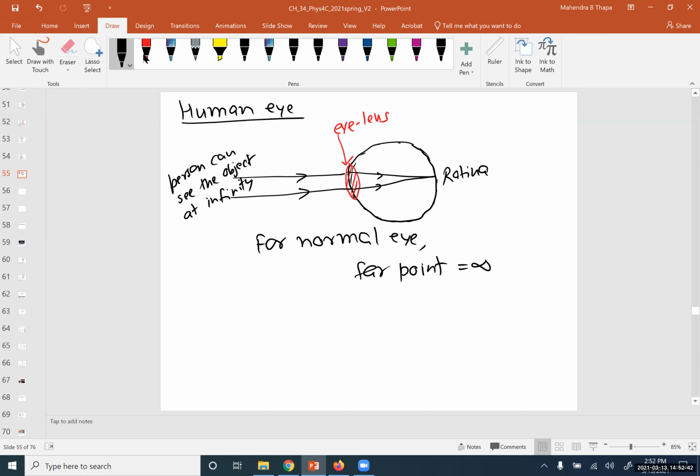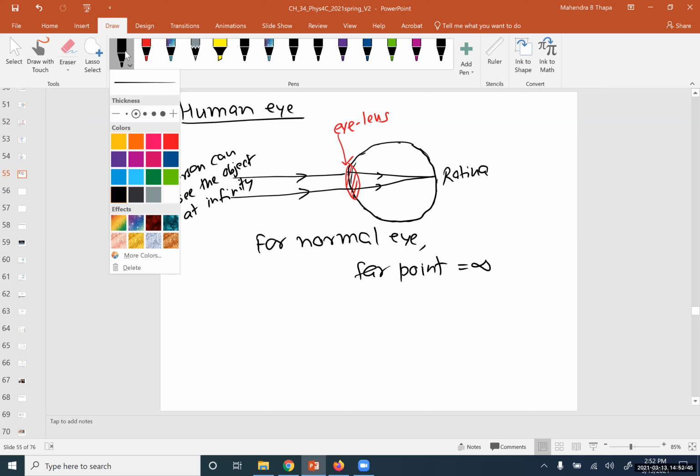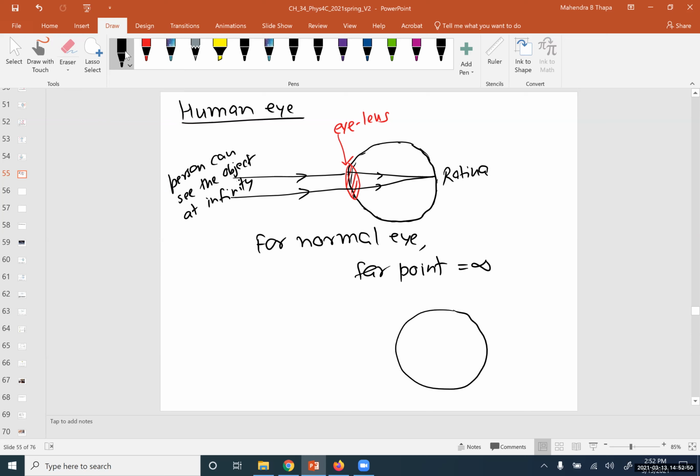Let's draw the picture again for the eye. Again I'm drawing a similar picture for our eye. This is my eye lens, and this is the principal axis. If the object is situated at the near point, the rays coming from that near point, after refraction from the eye lens, will meet at this point on the retina.